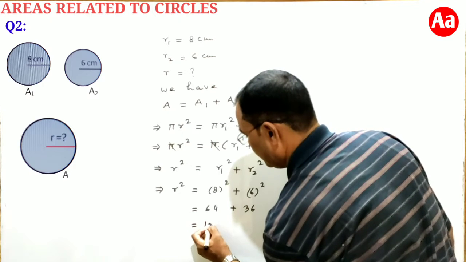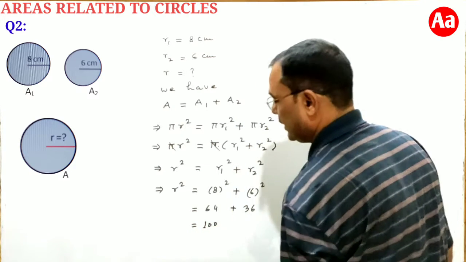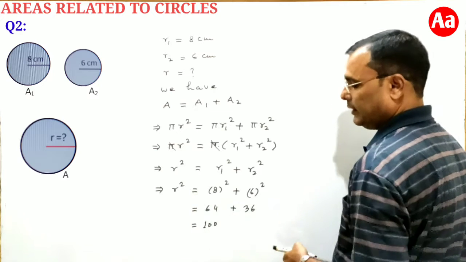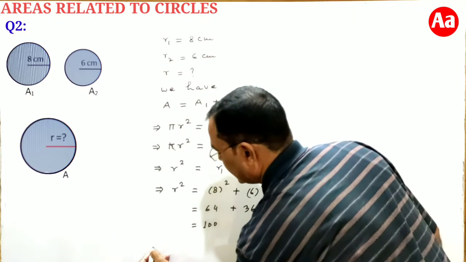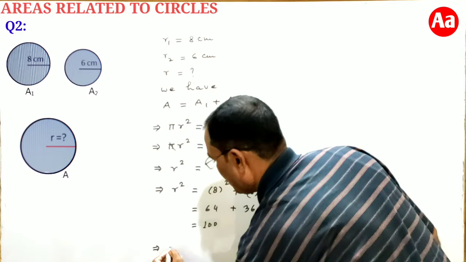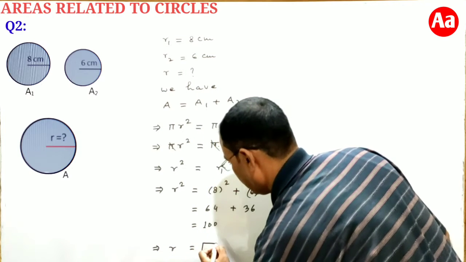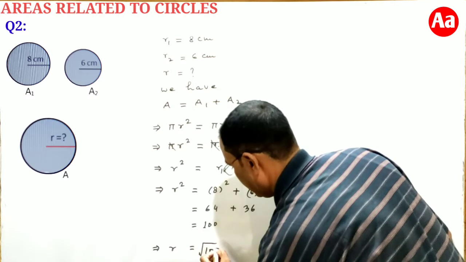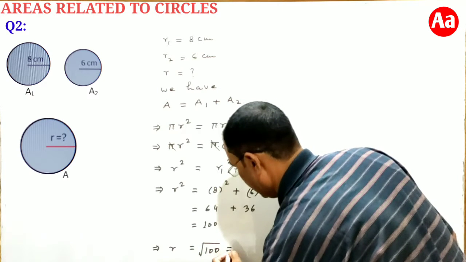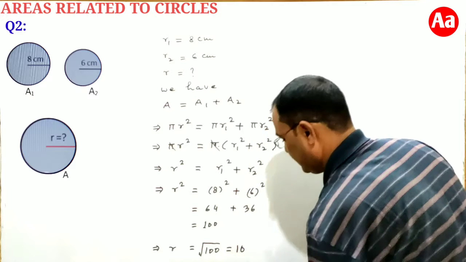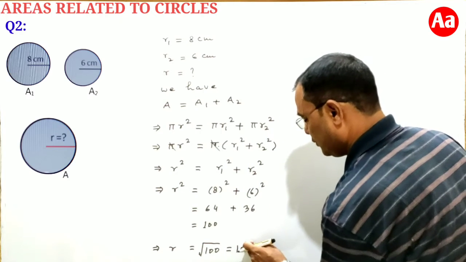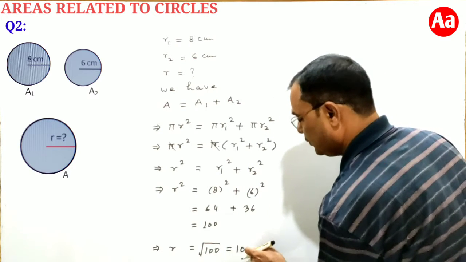It is equal to 100. So r square is equal to 100. So therefore r is equal to under root 100 and square root is 10. So r is equal to 10.